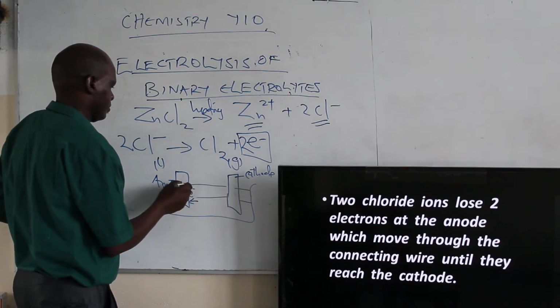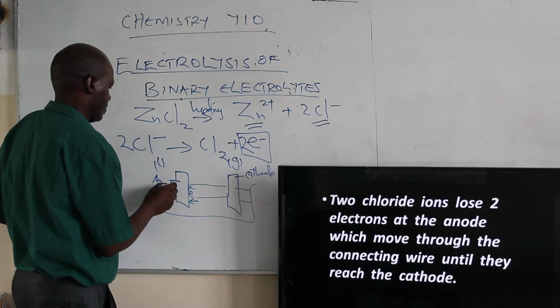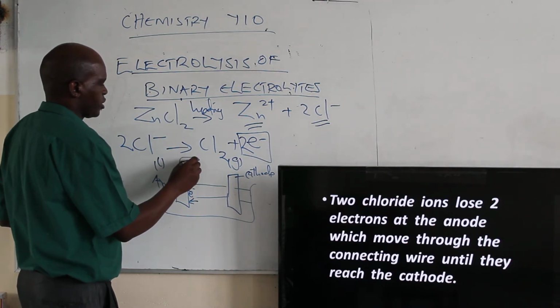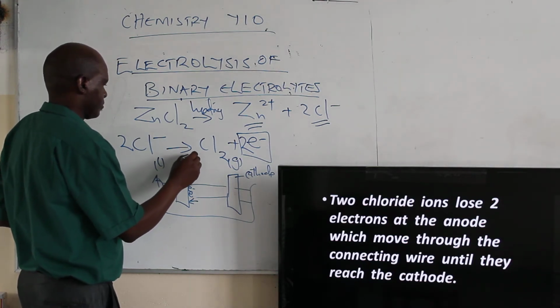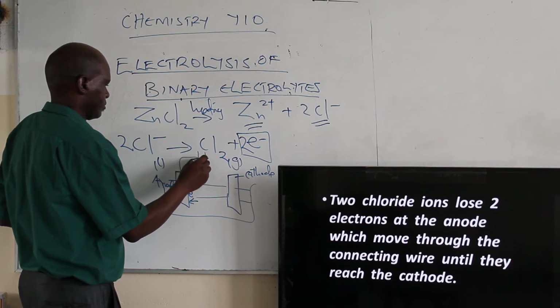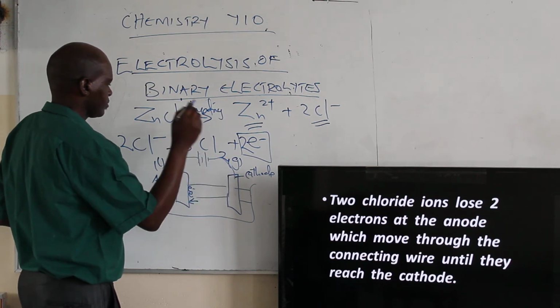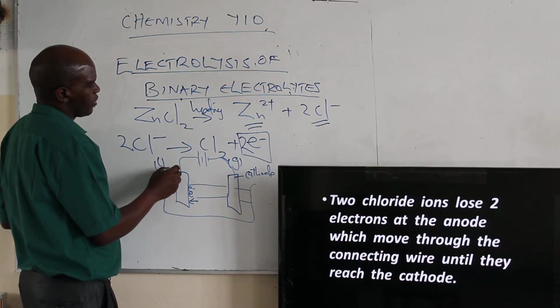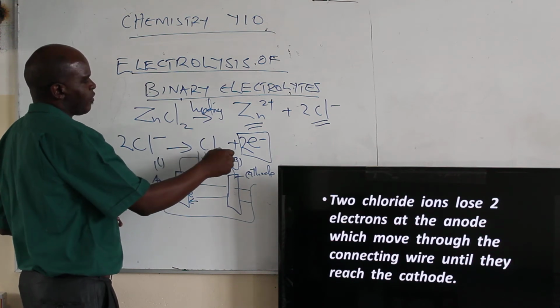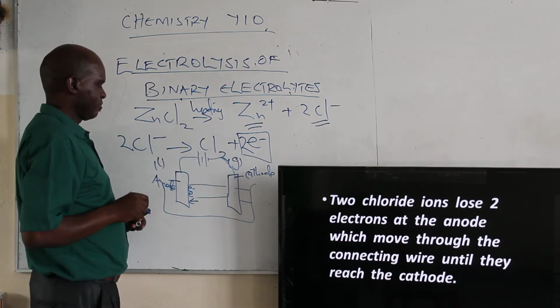So these two electrons, through the connecting wire, will flow through the connecting wire and then move on to the cathode.